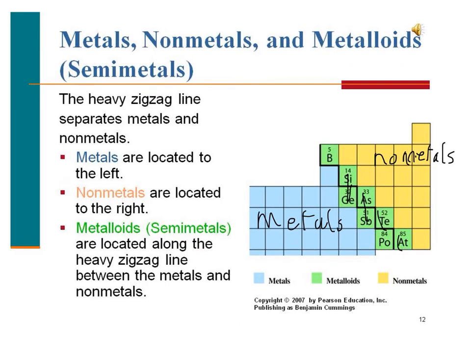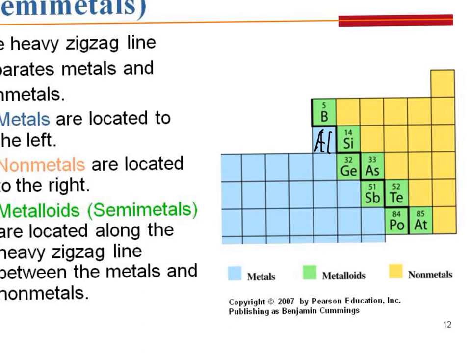Now, it's important to realize, if you look at this list of metalloids here, you'll notice that all the elements touching this black line are metalloids, with one exception. The element right here. And that's an element that you're familiar with. The missing element is aluminum. And aluminum is very definitely a metal. And you won't find any disagreement on that. Unfortunately, what you will discover if you read different textbooks, different authors will actually classify some of these metalloids as not being metalloids.